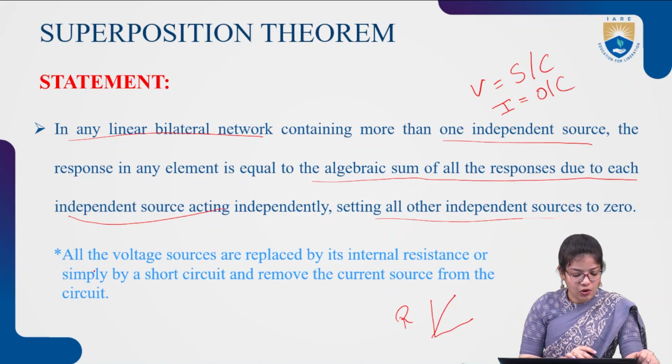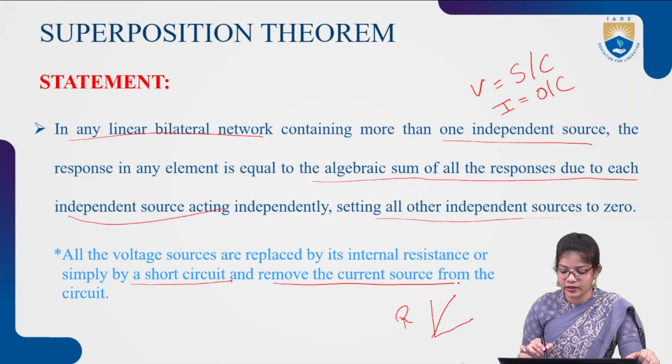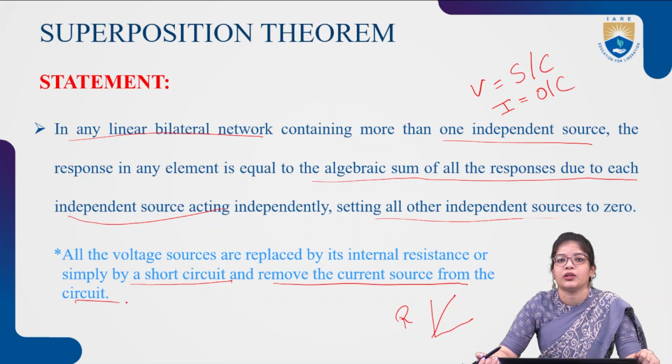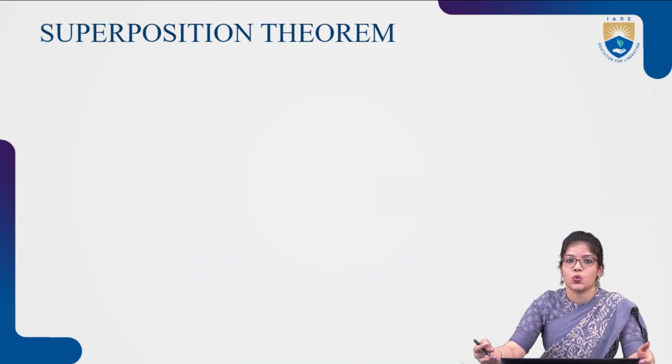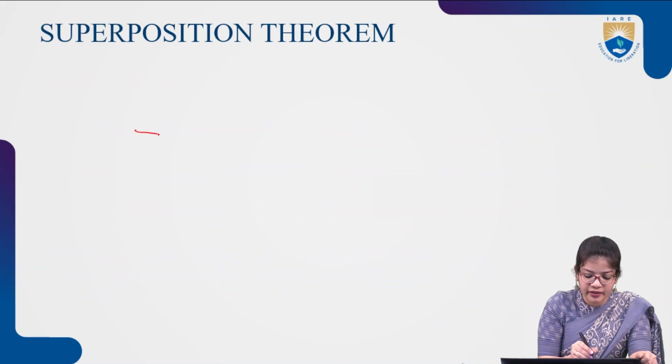Note here that all the voltage sources are replaced by their internal resistance, by short circuiting, or the current sources are removed from the circuit. To simply understand the statement of the superposition theorem, here we are considering two sources with a linear network.